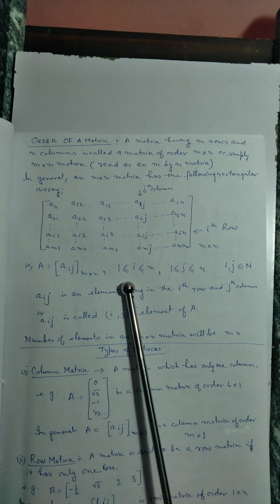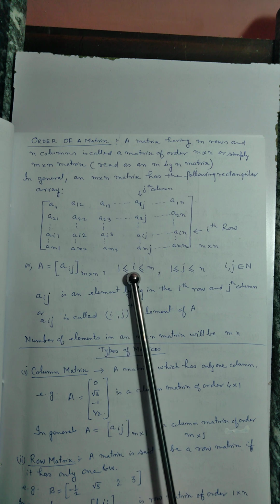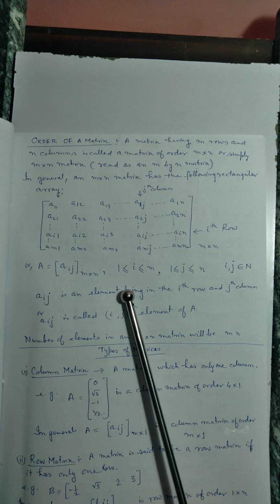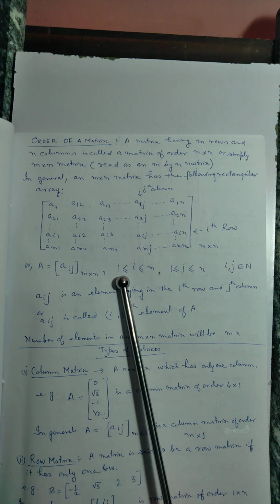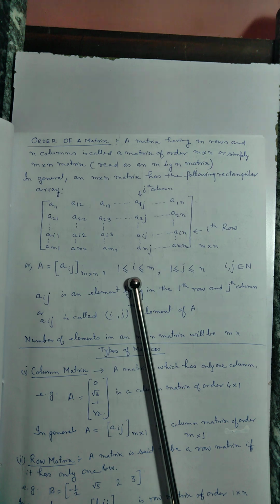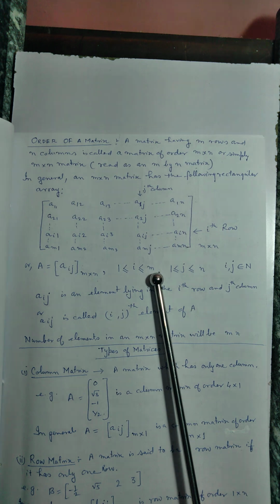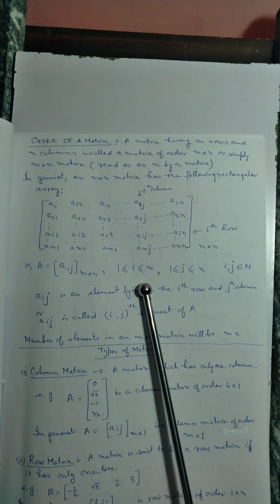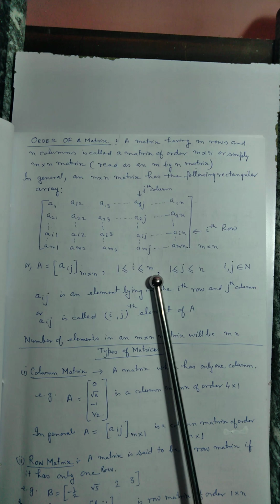Now come to this. What is i? i is equal to 1 or greater. 1 is less than or equal to i means i will be either 1 or greater than 1. It can also be said that the value of i varies from 1 to m. You see, 1 is less than or equal to i and i is less than or equal to m, meaning its value starts from 1 to m.